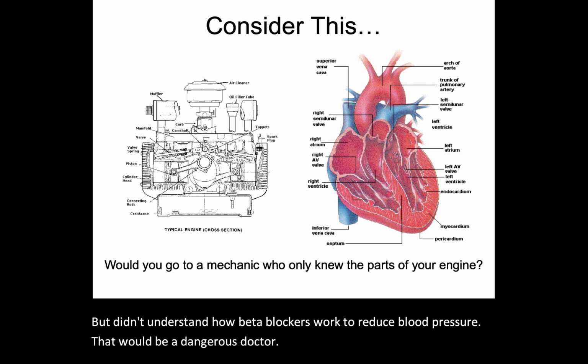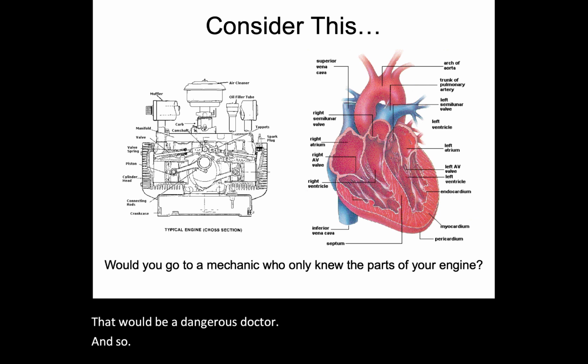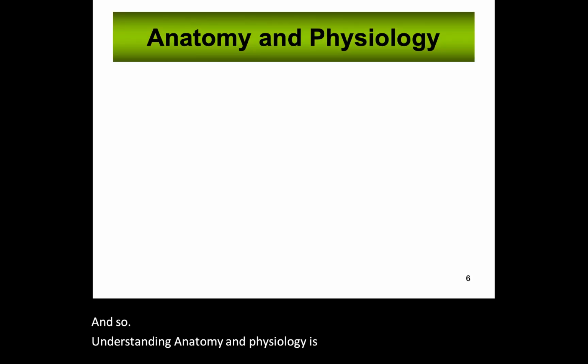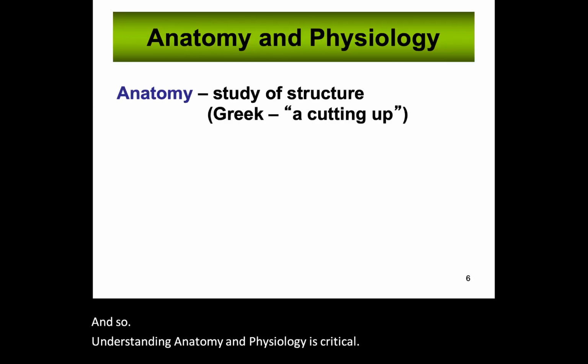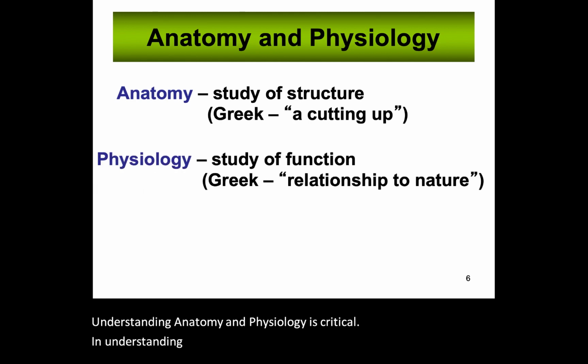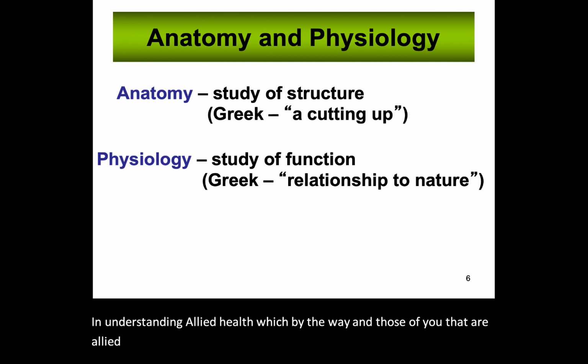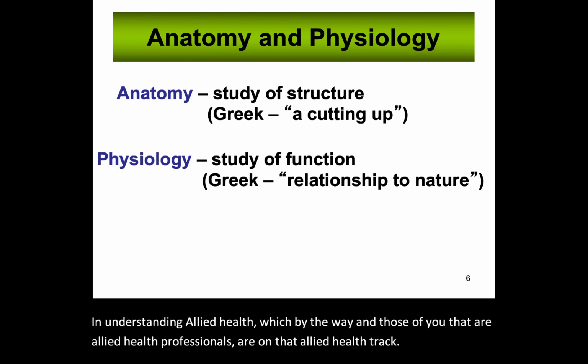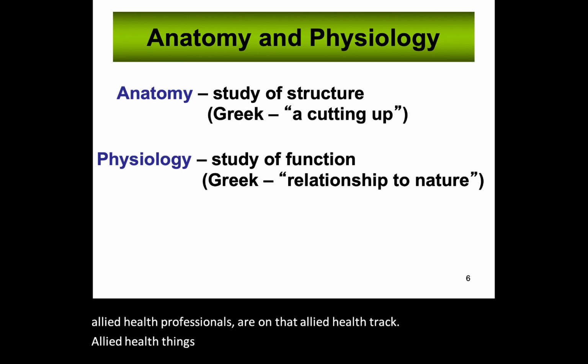And so understanding anatomy and physiology is critical in understanding allied health. Which, by the way, for those of you that are allied health professionals or on that allied health track, allied health, things like nursing, it's actually considered a social science.